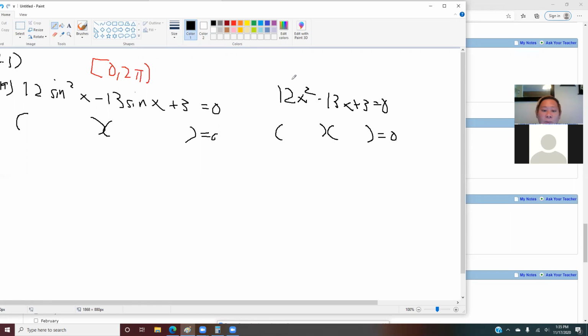Can you guys tell me what times what is 12x squared? And 3 is easy, it's 1 and 3. Because it's a plus and a minus, we know this 2 must be minus. Now my question is, what times what is 12x squared?